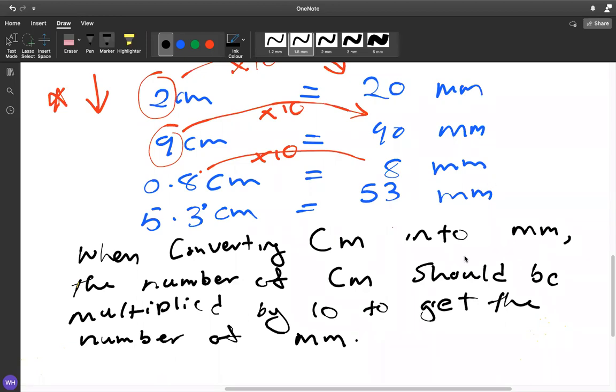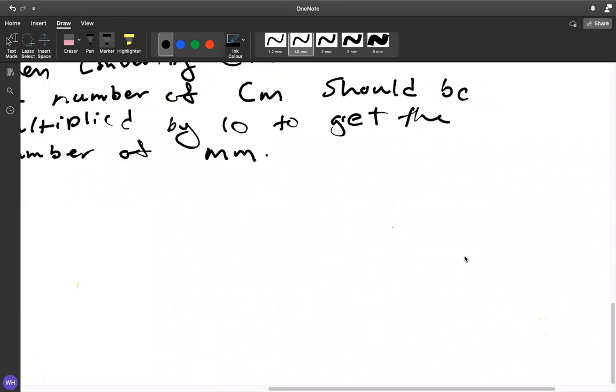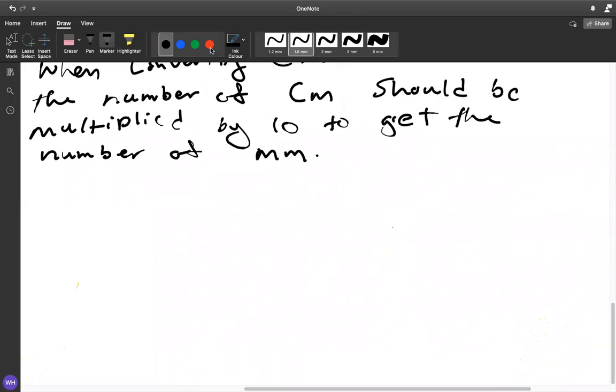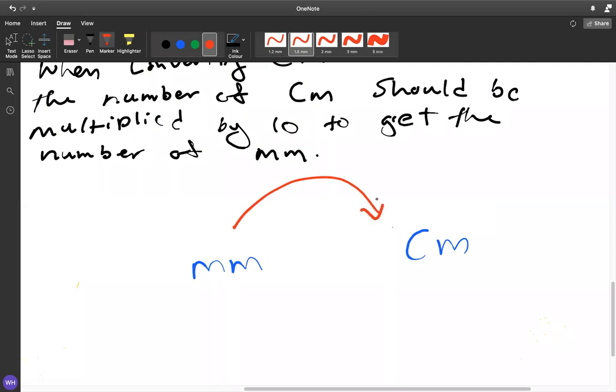Okay, right. So in general, we can write it like this. Rifki, if you have a number of millimeters to be converted into centimeters, what did we do?